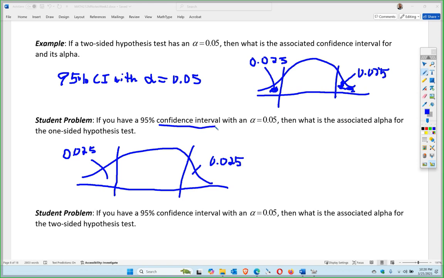So the alpha for the hypothesis test is 0.025 because it says it's one-sided. So it's either this side or this side. I don't know if it's a left-tail or right-tail test, but that's what it's going to be.